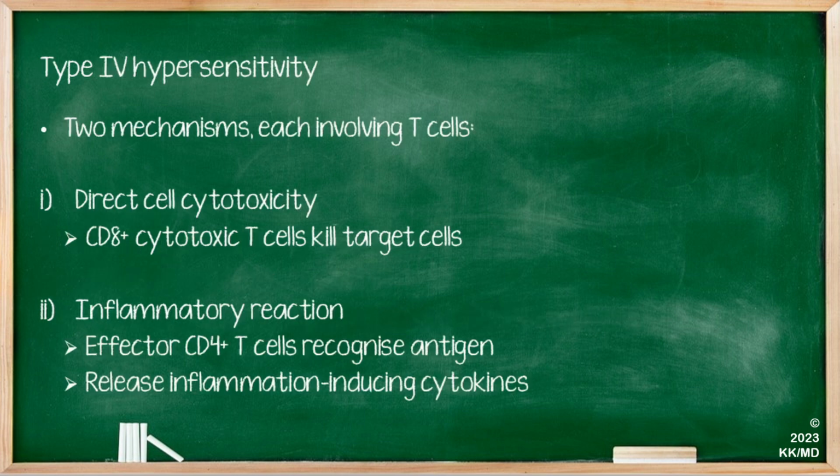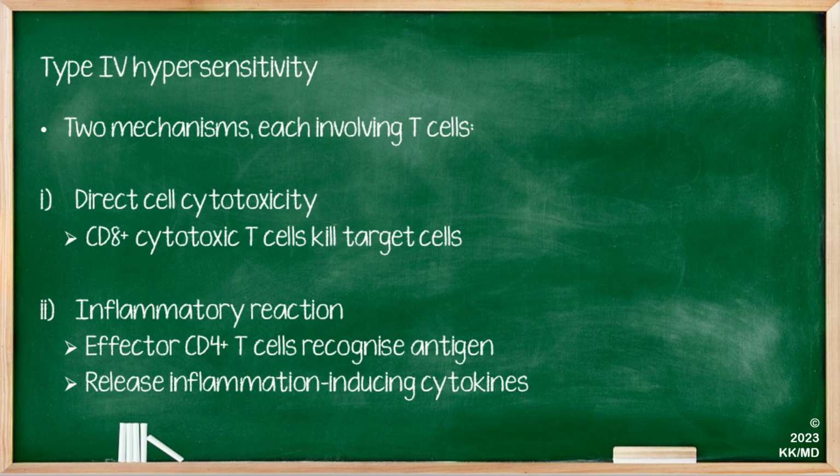So with Type IV hypersensitivity reaction, really we are talking about 2 distinct mechanisms, each of them involving T cells. One of them is direct cell cytotoxicity, which results in CD8 plus cytotoxic T cells killing the target cells.